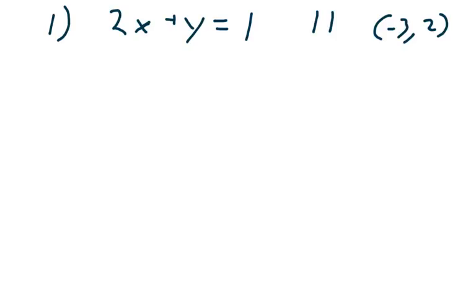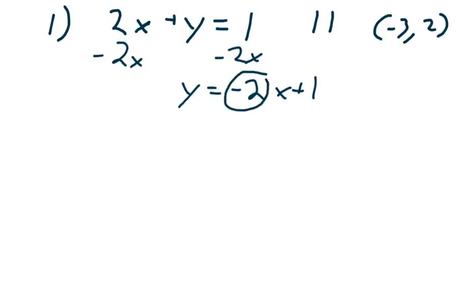In problem number 1, it gives us an equation of a line and wants the parallel that goes through the point (-3, 2), and we also want it in slope-intercept form, which is y equals mx plus b. So I'm going to put the original problem into y equals mx plus b format, and the slope is negative 2, and the 1 is really something I do not care about.